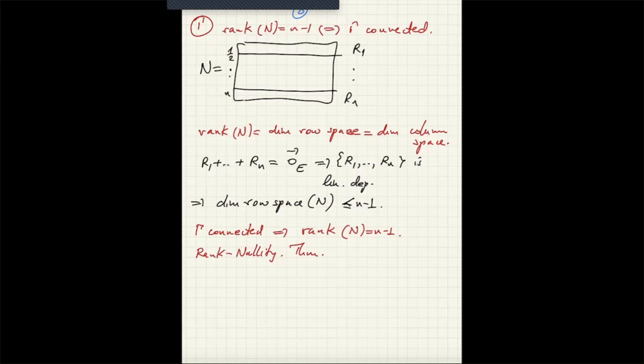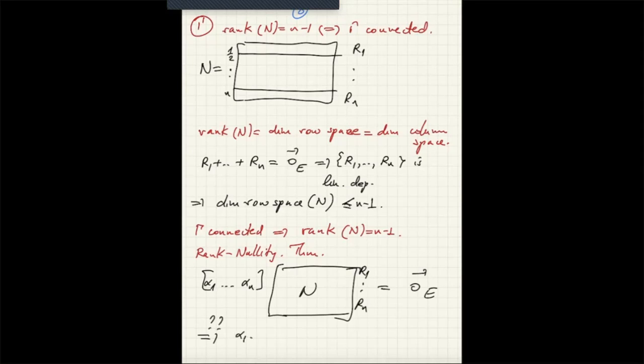So we're trying to figure out: if I have a vector, let's say alpha 1 through alpha n, and I multiply by this matrix N and I get the zero vector of size E, what can I say about this vector alpha 1 through alpha n? That's basically what we're doing. And how does this work?